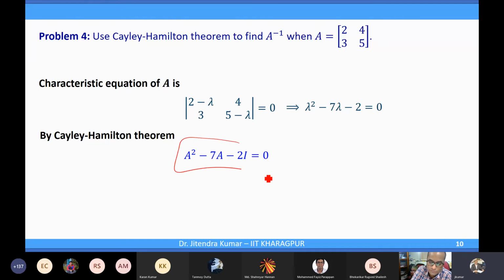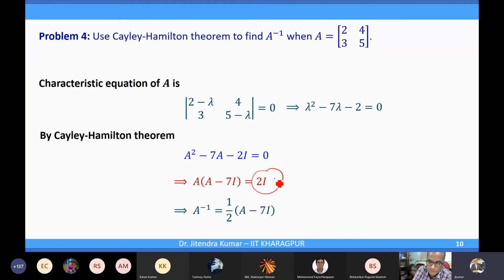Out of this structure, we can compute A inverse. Taking A common, A times (A minus 7I) equal to 2I. Multiply the right-hand side by A inverse, so A inverse appears, and dividing by 2 you get A inverse equal to 1 by 2 of (A minus 7I).